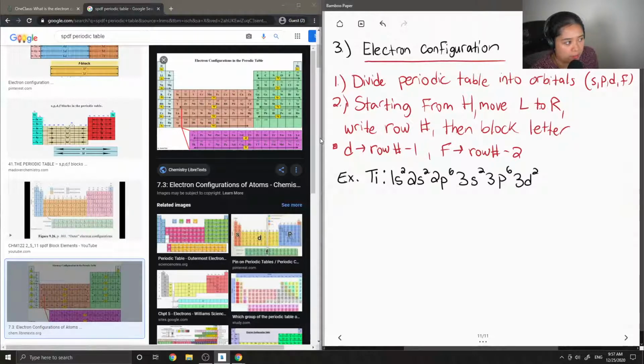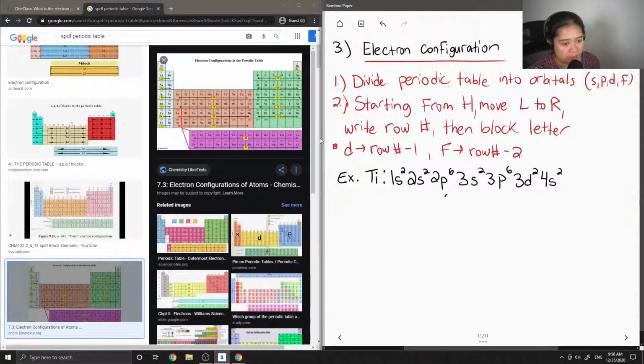And then the 4s orbital, which is higher in energy, sorry, is 4s2. So I kind of just switched the two around. So you'll notice that when it comes to the transition metals, the D block and the S block tend to switch places. Okay, so this is the electron configuration for ground state titanium.